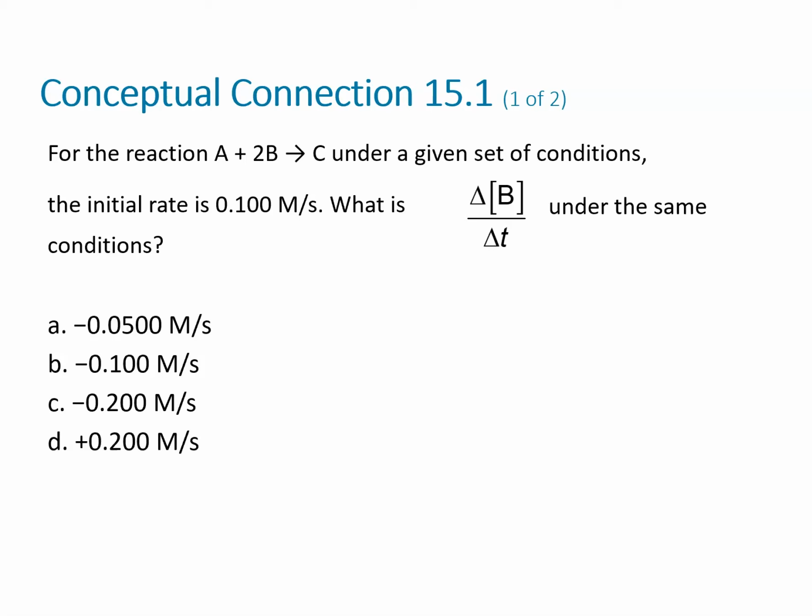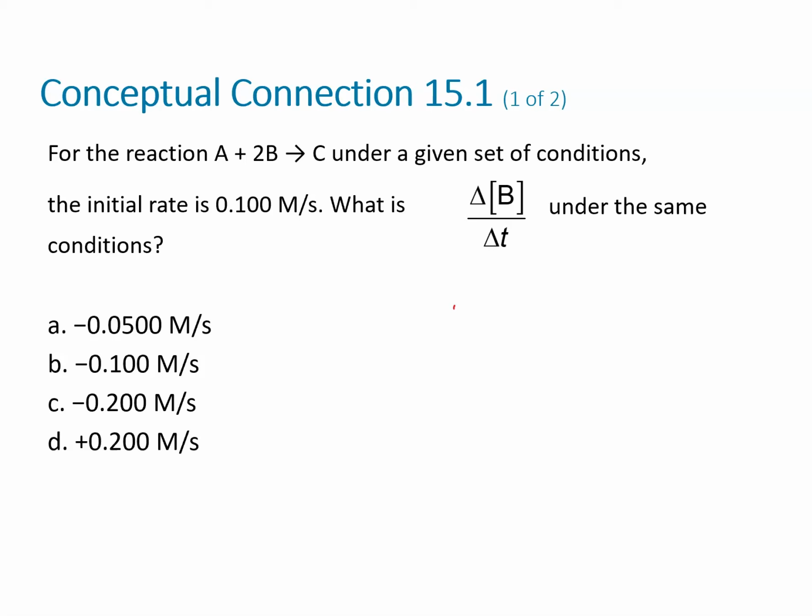Now, B is going to be a reactant, therefore it will be becoming consumed, so its delta is going to be negative, so it's going to have a negative value. So right at the gate, we've eliminated D because it has to be a negative value. And because it has a coefficient of 2, we have to correct with a negative 1/2.